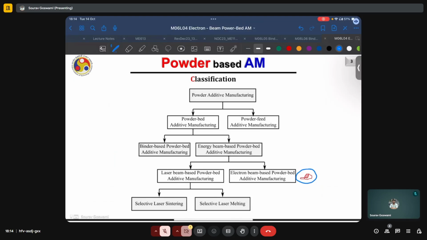However, for such powder bed based additive manufacturing, we may also resort to other energy beams apart from laser. And one key class of energy beams which has been emerging and is a very exciting piece of technology is electron beam based powder bed additive manufacturing, which we will be looking into today.